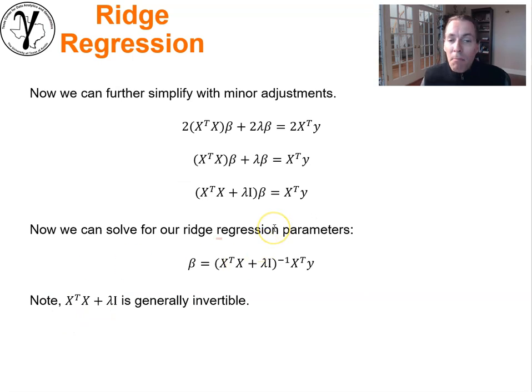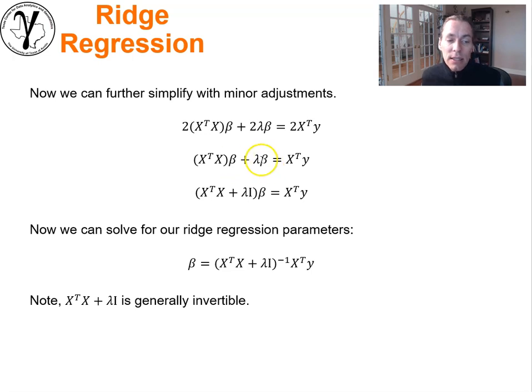We can do a little bit of minor matrix algebraic alteration of this equation. We can put the negative 2 x transpose y on the other side, where it becomes positive. We can drop all of the 2's, and then group the betas. This is nice in matrix notation.